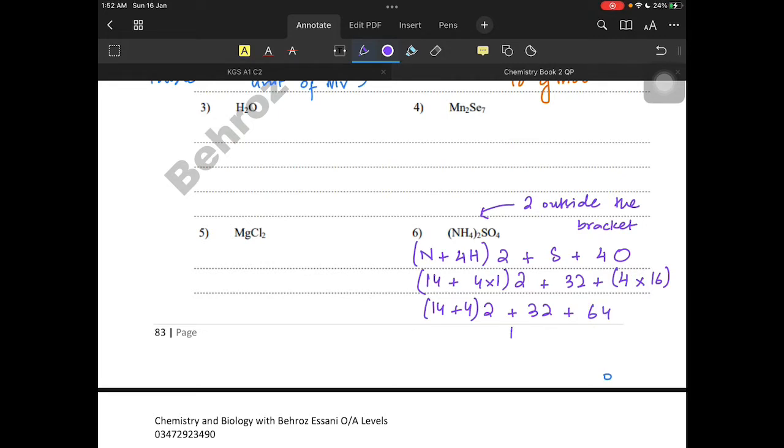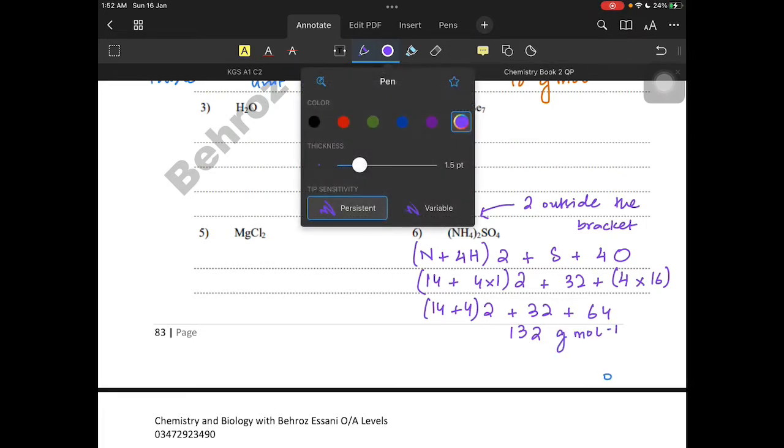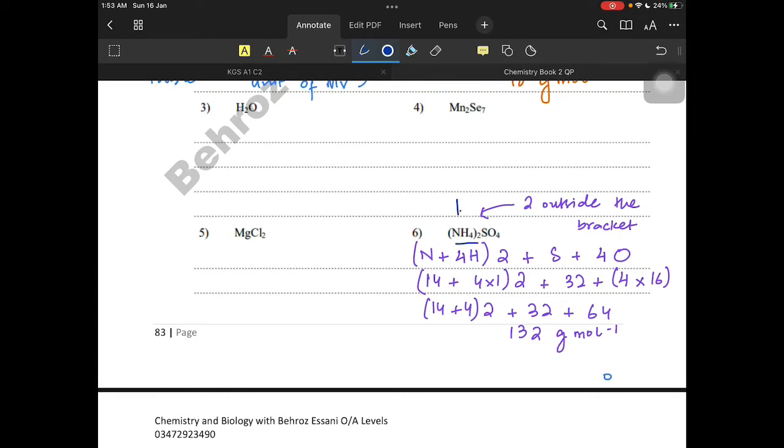When we add it, we finally get 132. So this is the molecular mass of ammonium sulfate. This part is obviously the ammonium ion. NH4 means ammonium, and SO4 means sulfate. So this was actually ammonium sulfate.